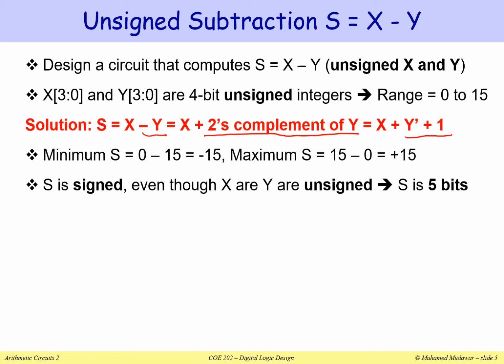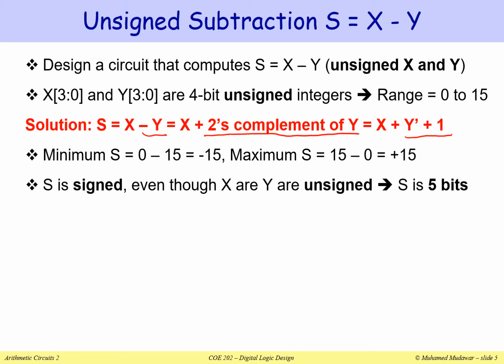Now, what is the minimum value of s and what's the maximum? The minimum is when x is equal to 0 and y is equal to 15. So the minimum s is equal to negative 15, whereas the maximum s is equal to plus 15. Even though x and y are unsigned, when you subtract, you can get a negative sum.